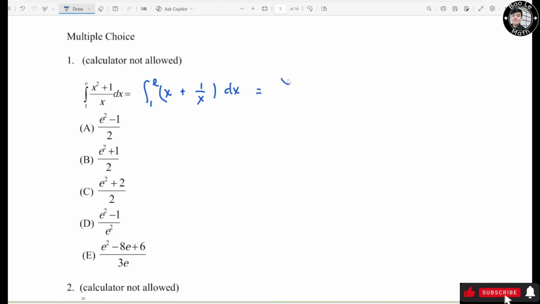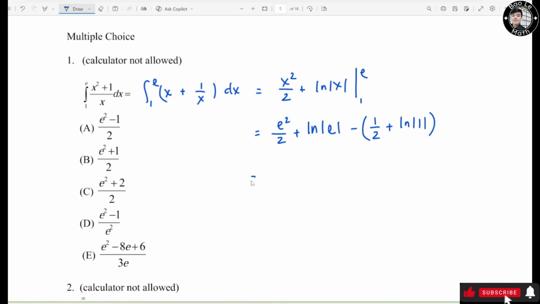So it's going to be s squared over 2 plus ln absolute value of s evaluated from 1 to e. So it could be e squared over 2 plus ln absolute value of e, subtract 1 over 2 plus ln of absolute value of 1.